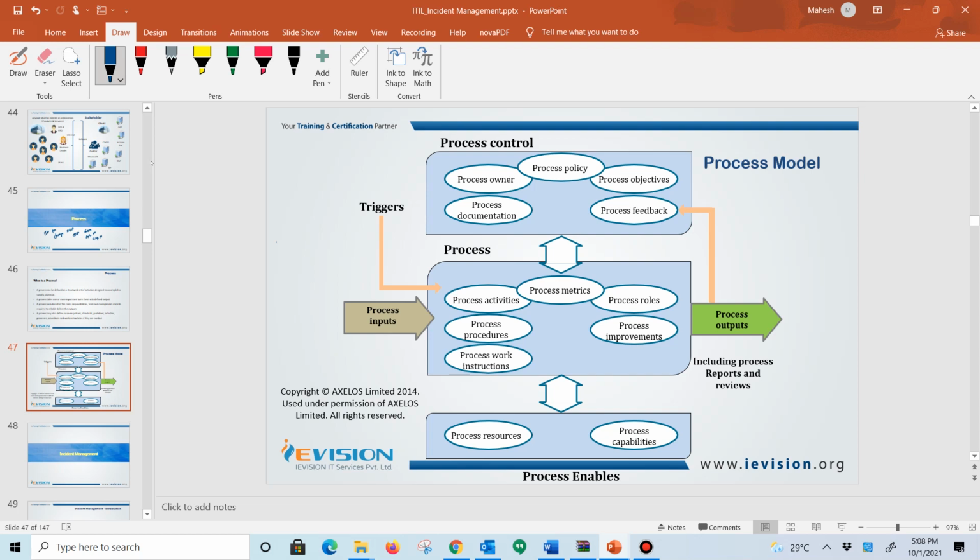In terms of input for incident management, the input can be the web tool that you have.